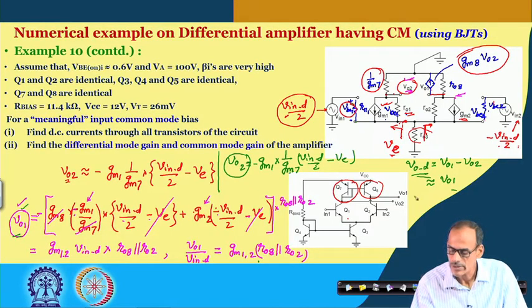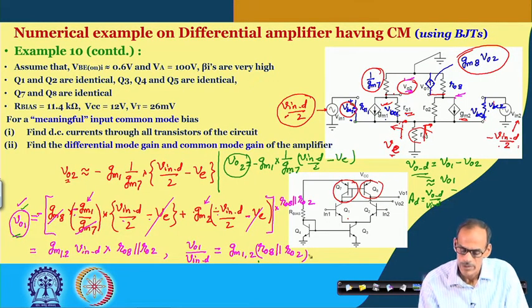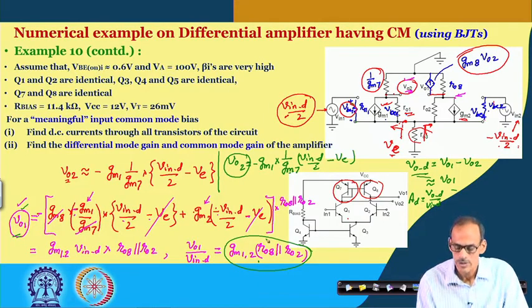To find the differential mode gain AD, that is defined as VOD divided by Vind, and that is given by GM1 into RO8 in parallel with RO2. So, to calculate the numerical value, let us calculate GM1, RO8 and RO2.